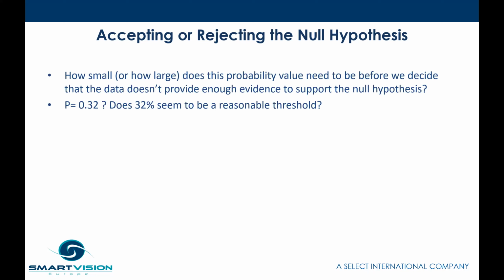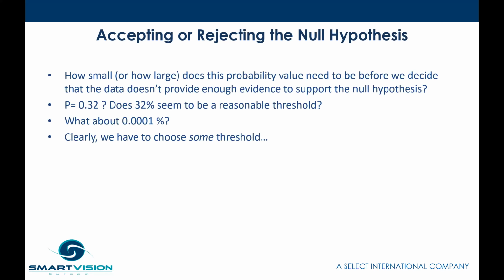I mean, should it be 0.32? That'd be 32%. Does 32% seem a reasonable threshold? Maybe it has to be 0.0001. It's a tiny percent, like 0.01%, like 1 in 10,000. Does that seem reasonable? Clearly you have to choose some point in that p-value to say, I think there's enough evidence to support this null hypothesis, or I don't think there's enough evidence to support this null hypothesis.